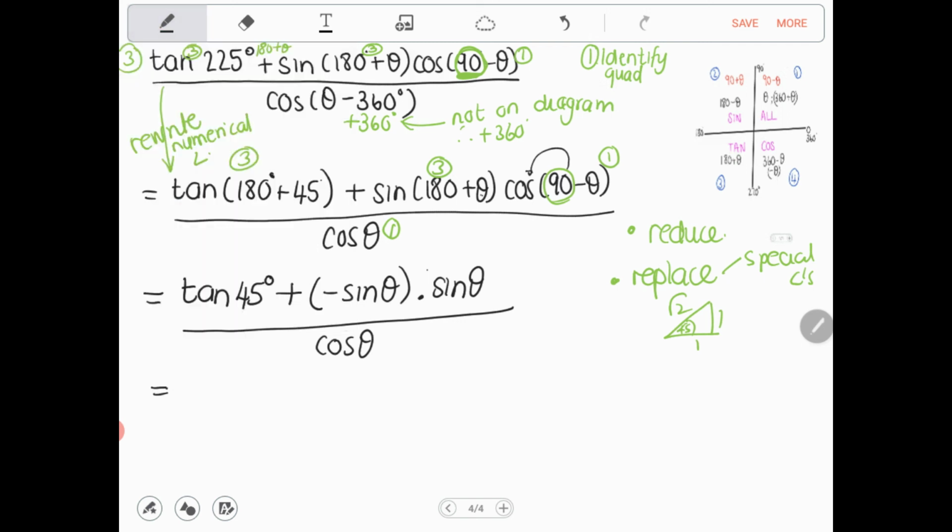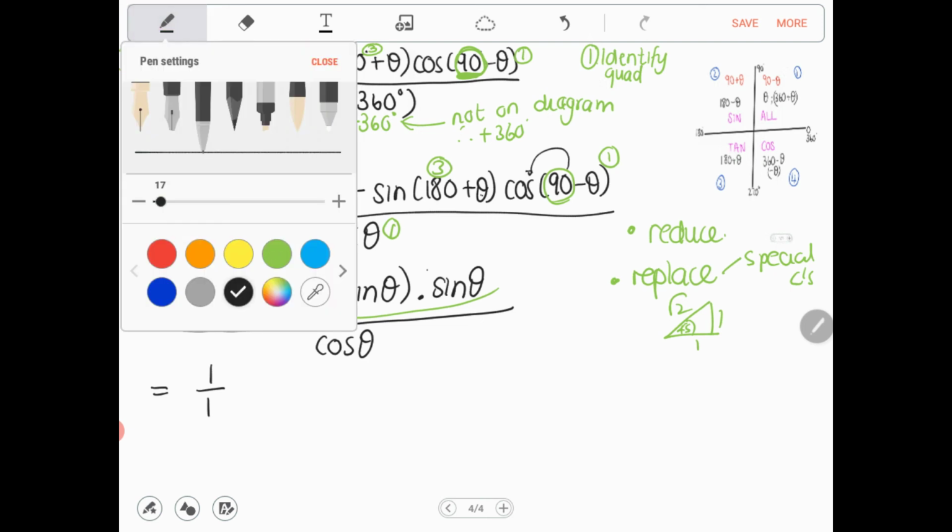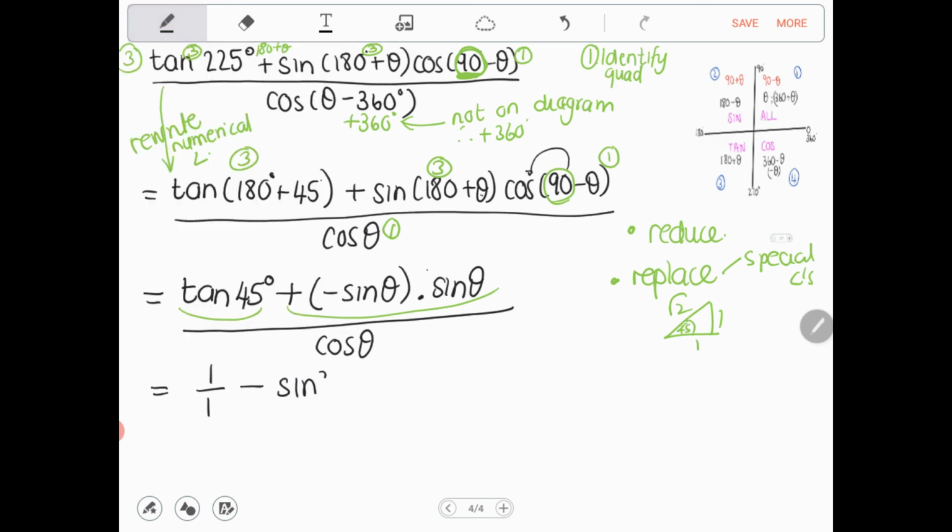So this is going to be 1 over 1. Okay, let's look at this term here. We've got a positive times a negative, which gives me a negative, and sine times sine is sine squared over cos theta. Okay, now 1 over 1 is obviously just 1, so we write 1 minus sine squared over cos.